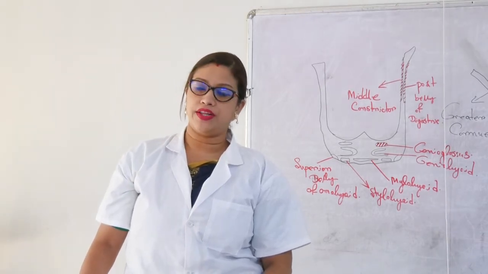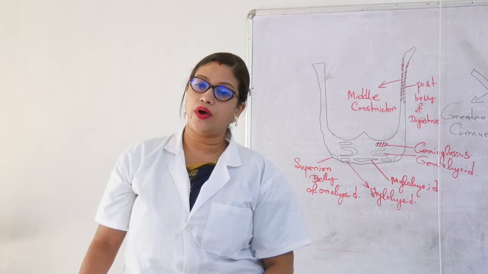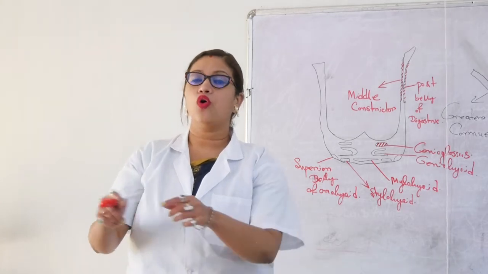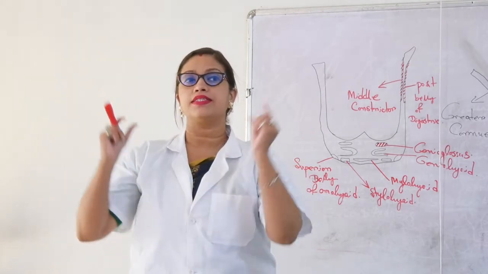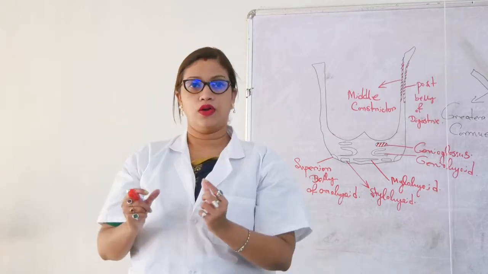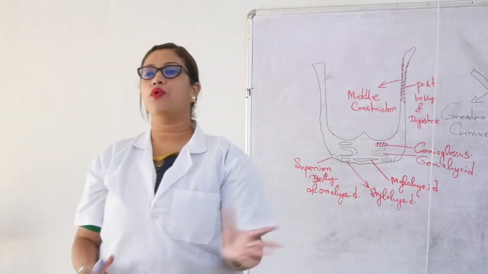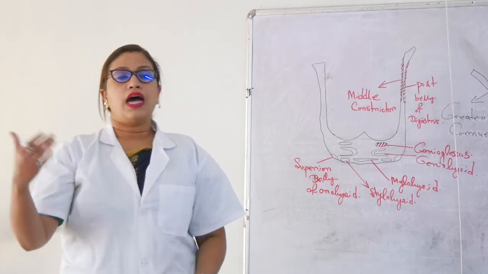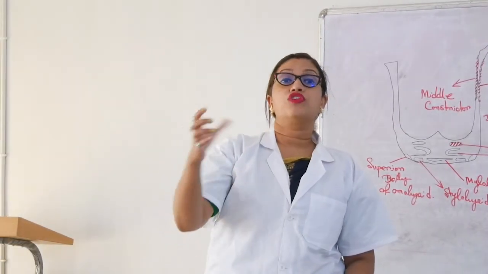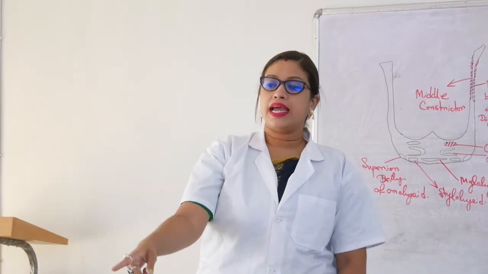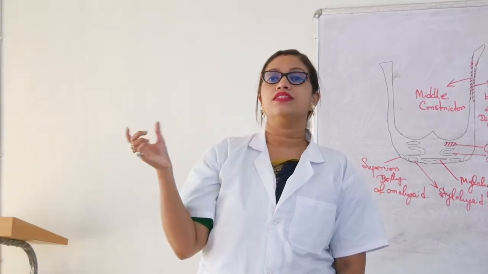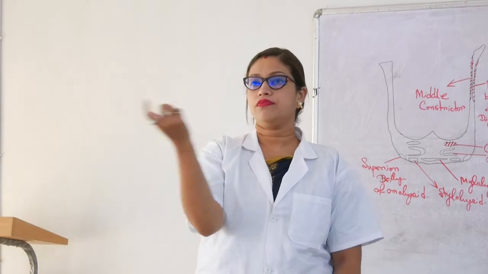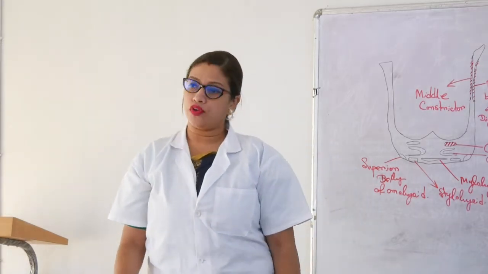This whole hyoid bone is hanging mainly by the styloid process, with support from the muscles. The anterior surface is convex.